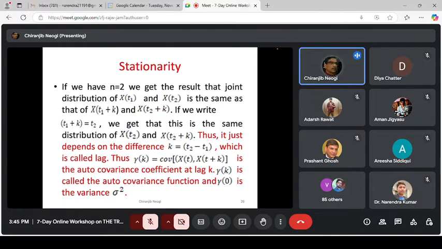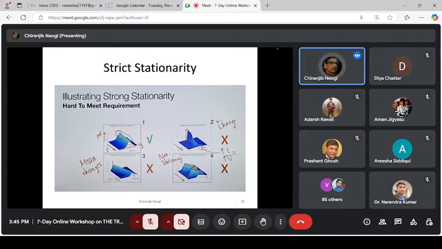So you see this distribution is the same for all the time points. If it is t1 and this is t2, then these two distributions are the same.